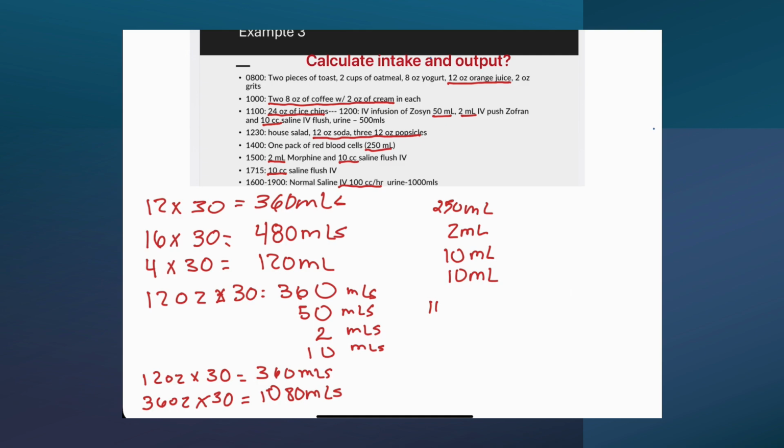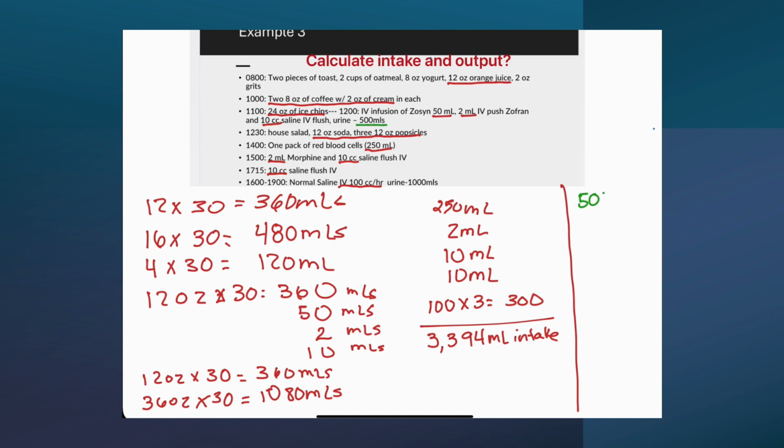All right, so the problem also wants us to calculate the patient's output. So let's go back to the problem and see, do we see any output? So we see at 11 o'clock they had 500 mLs of urine. So we're going to write down 500 on this side. And then from 1600 to 1900 they had 1,000 mLs of urine.